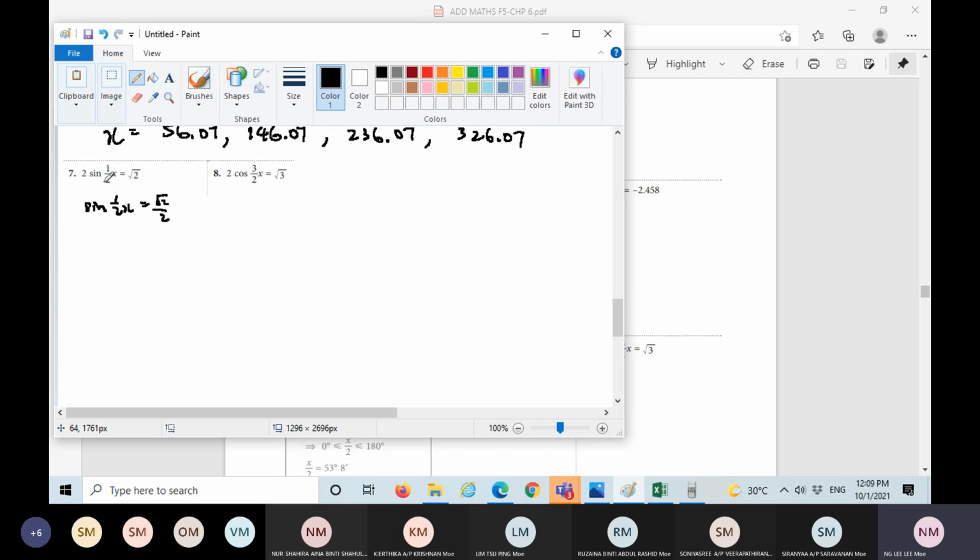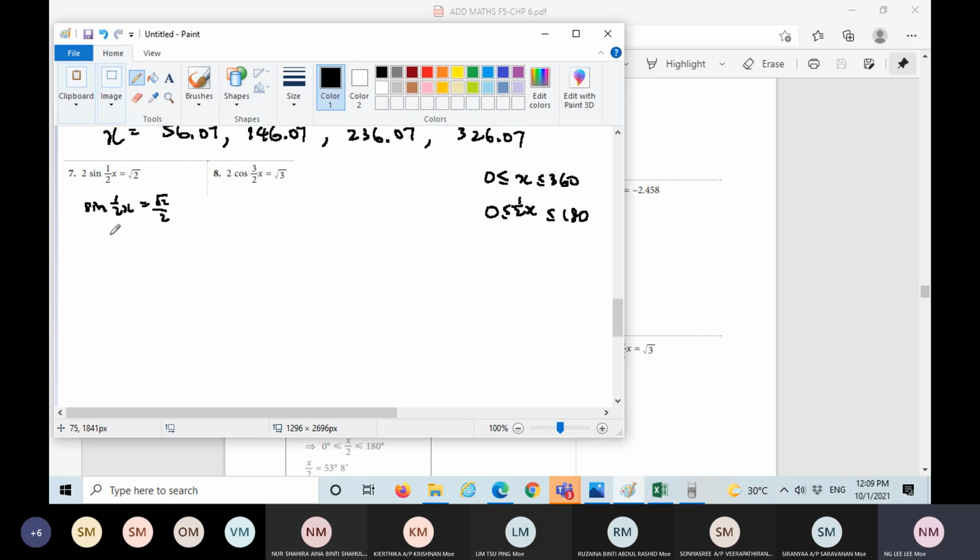Then you see here, this is half x only. The original range is 0 to 360, so if this becomes half, the two sides also become half. 0 divided by 2 is still 0, 360 divided by 2 is 180. So for half x, your range is only from 0 to 180, which is the first and second quadrant only.